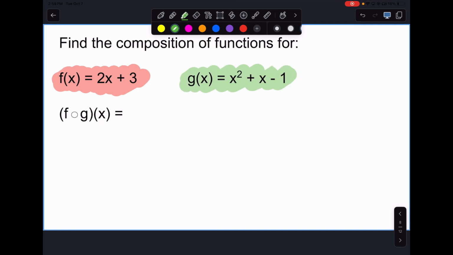Can we do it? Remember we talked about at the very beginning? We can put anything we want in there for x, right? And we just substitute it for what? For x. Okay? So, here's how this would look.